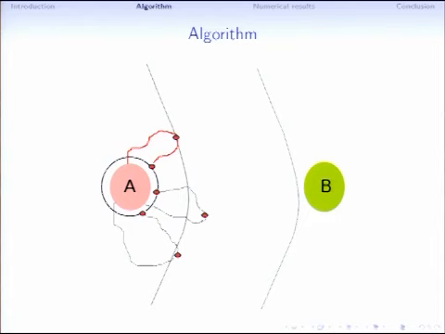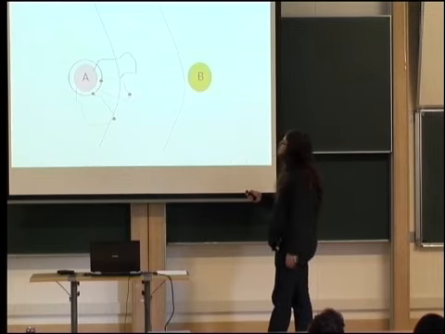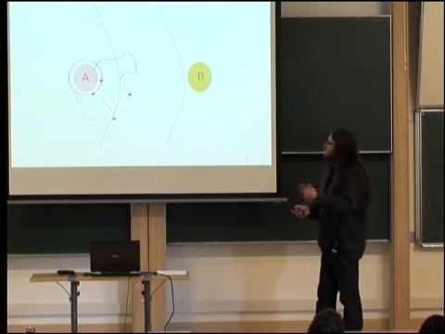So it's here, and this gives me the blue piece of trajectory, and again I go on until I come into A or into B, and I iterate the process.